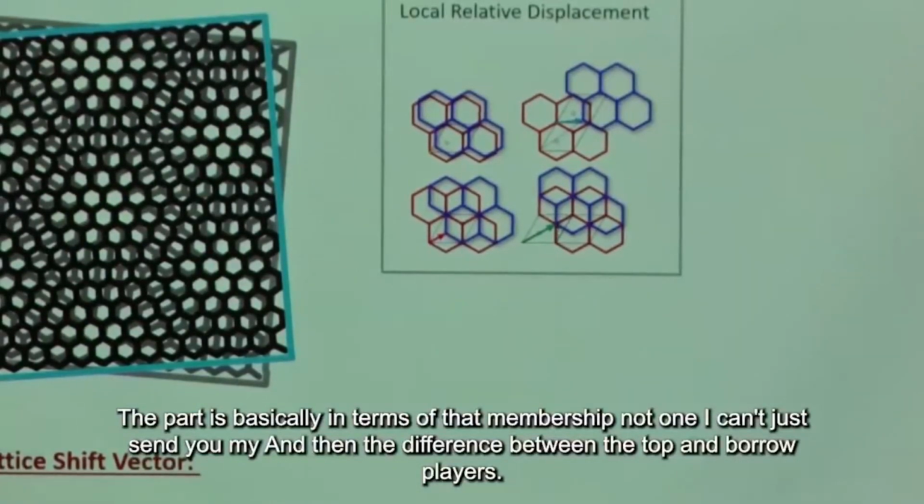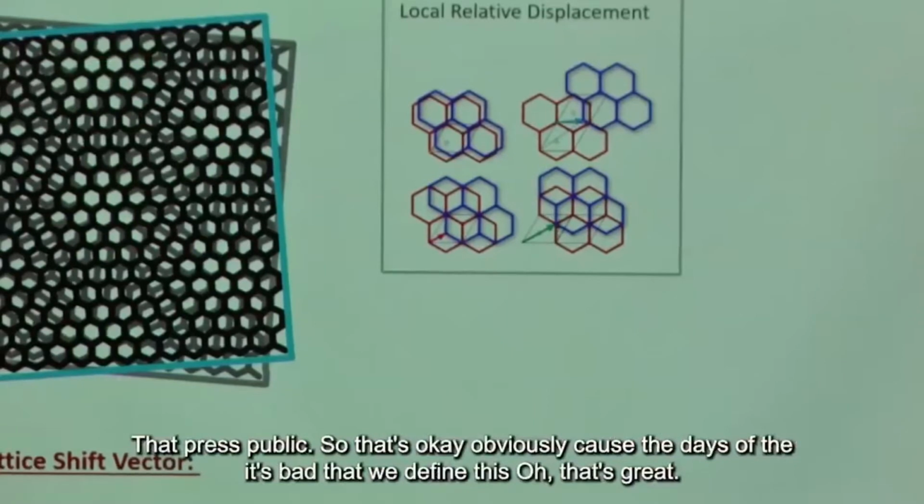But then obviously, because there is a Moiré periodicity, it's better that we define the shift vector in the periodic unit. I think that's an important part, and that's where I want to bring this Moiré periodicity or quasi-periodicity into the system.